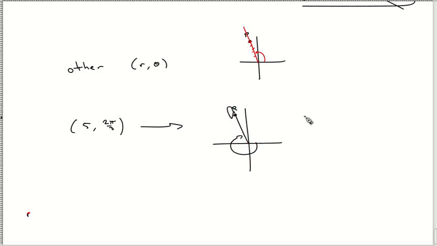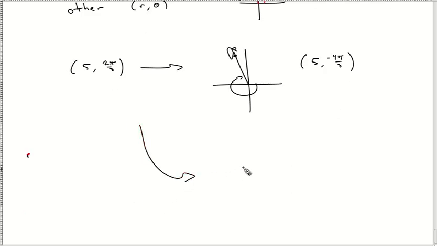Sure. So that would look like my 5 distance that I'm walking forward, but then a negative 4 pi over 3. So again, I went negative to get there, but I still went a positive direction. So that's cool.